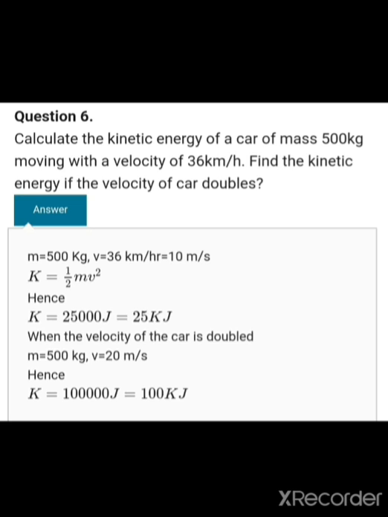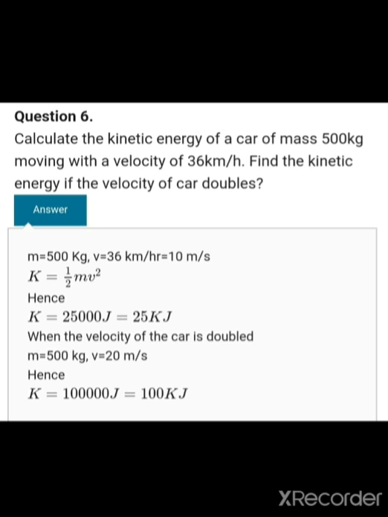Coming to the next numerical. In the previous cases we have found the potential energy. Now we have a problem related to kinetic energy. We have to calculate the kinetic energy of a car of mass 500 kilogram moving with a velocity of 36 km per hour.